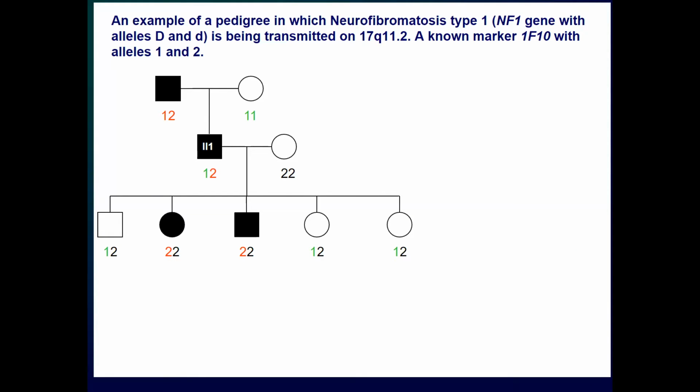So let's do a LOD score analysis step by step. Here we are looking at a diallelic marker, 2 alleles.